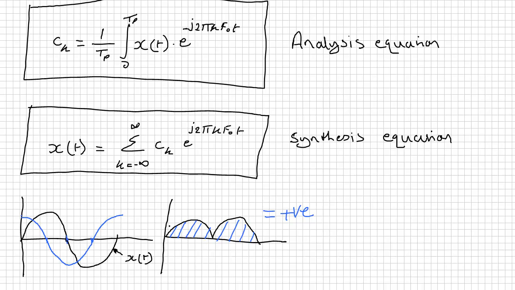So what's going to happen now when we multiply these two signals together? Well, let me get rid of this because it's going to confuse us. And let's mark out 4 quadrants which correspond to these points here.